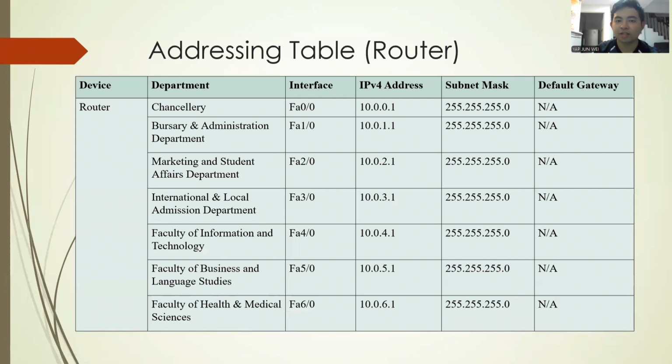For the addressing table, on the router we use the FastEthernet interface. For the sensory you use FA0/0, and the other departments are the same. For the IPv4 address we use the first usable one, and all subnet masks are the same because we use classful addressing, and the default gateway is none.